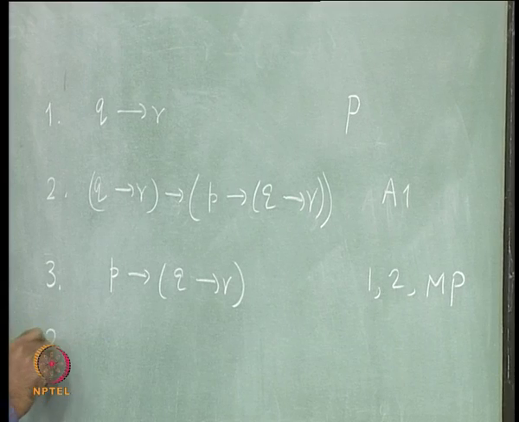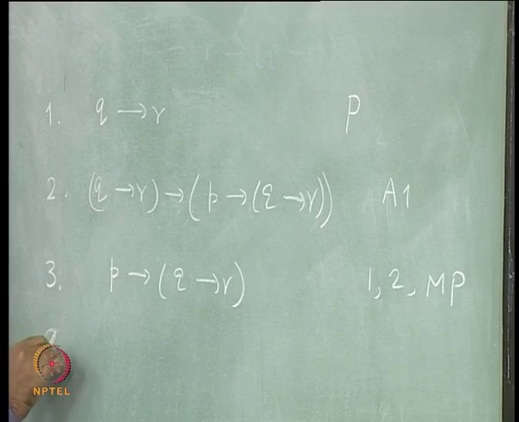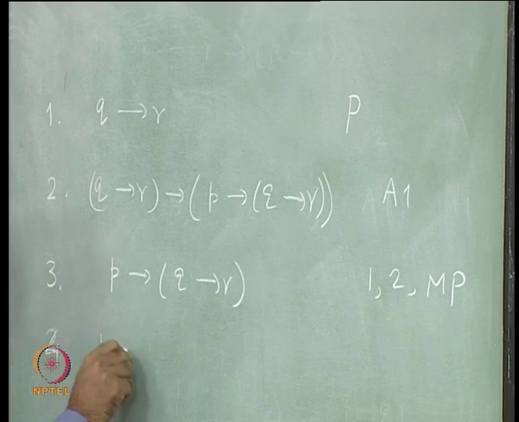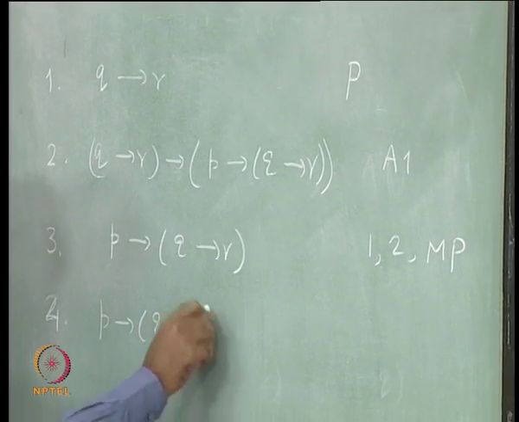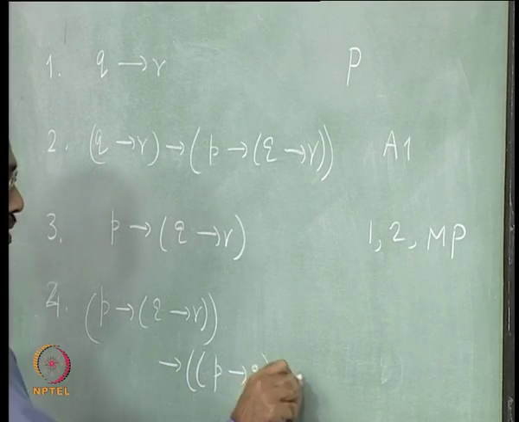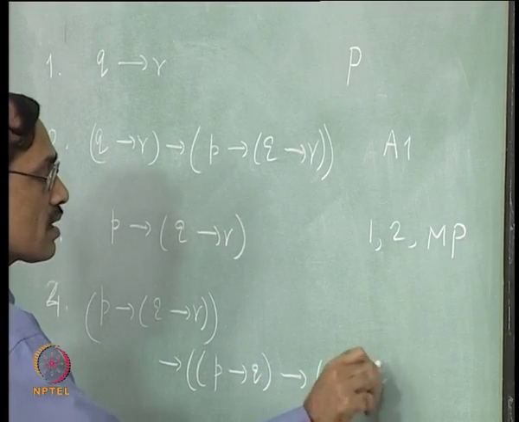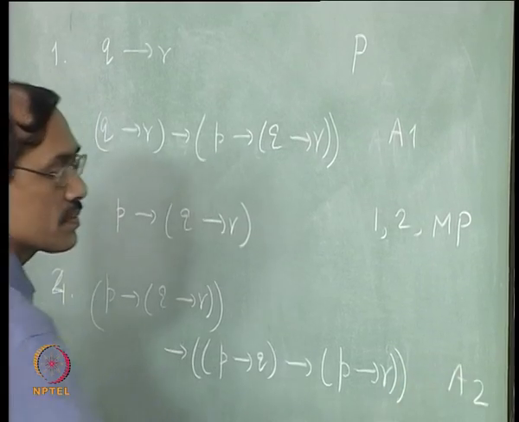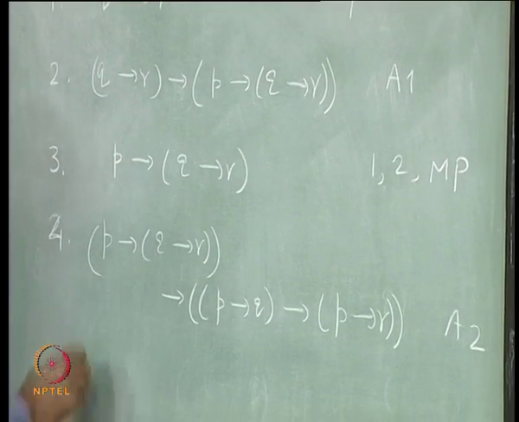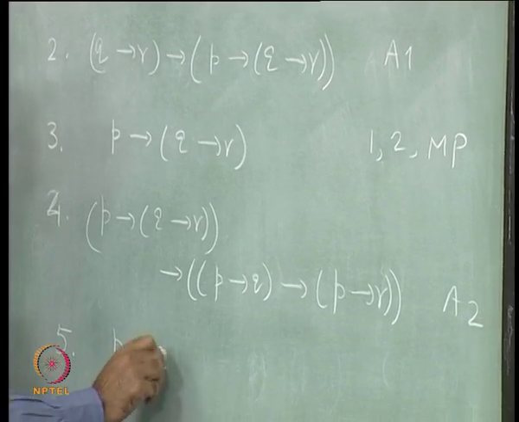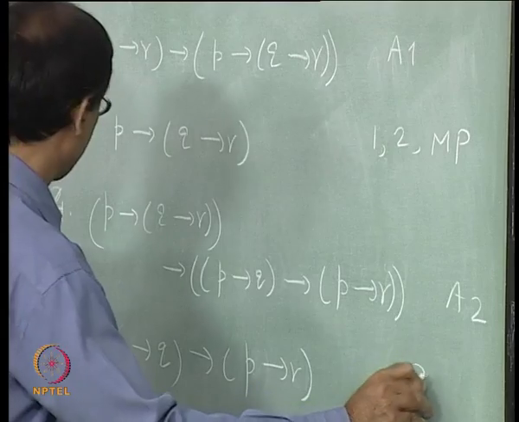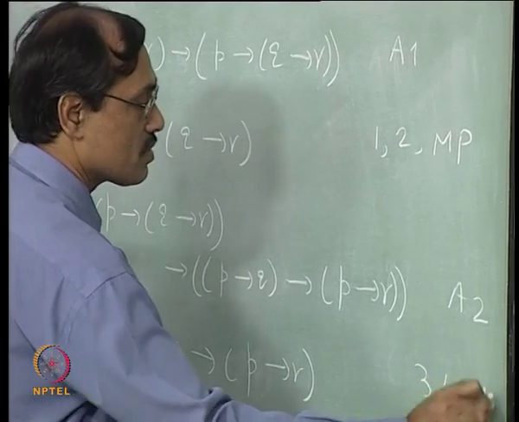Next we use axiom 2 here. So P implies Q implies R implies P implies Q implies P implies R, axiom 2. Next use 3 and 4 to obtain P implies Q implies P implies R, by modus ponens.